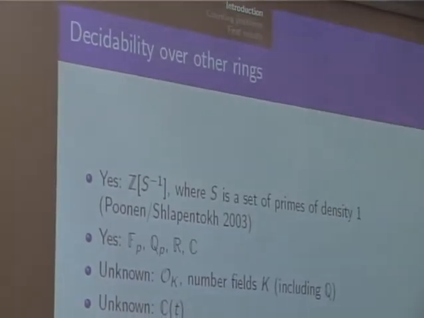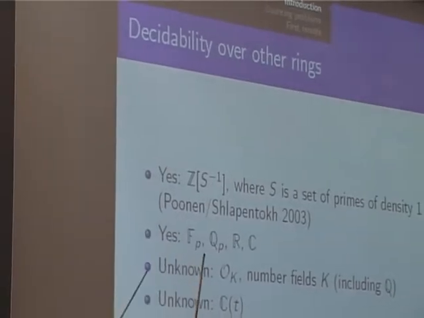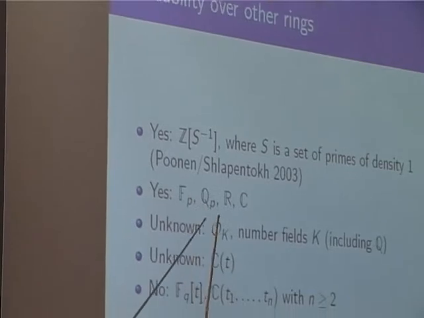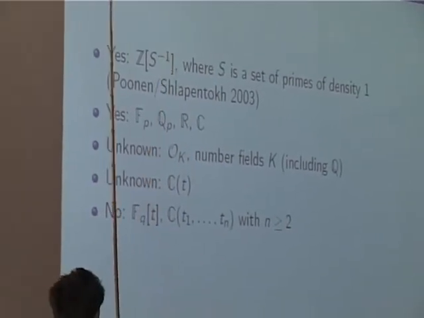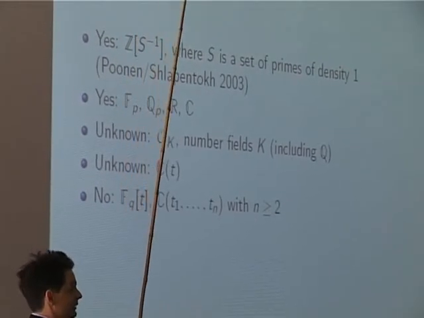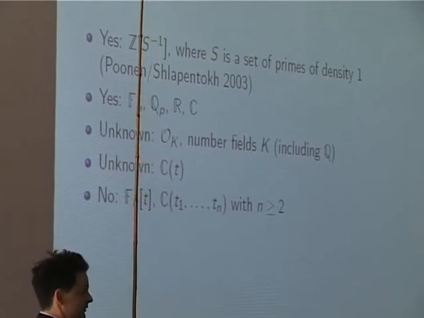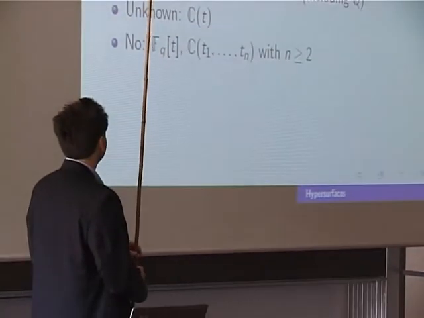I mean, we can look at equations with coefficients in other rings, not just the integers. We could look at fields, for example, finite fields, p-adics, reals, complex numbers. Or we could invert a few primes and look at rational numbers with denominators in this bounded set of primes, and then see what happens.